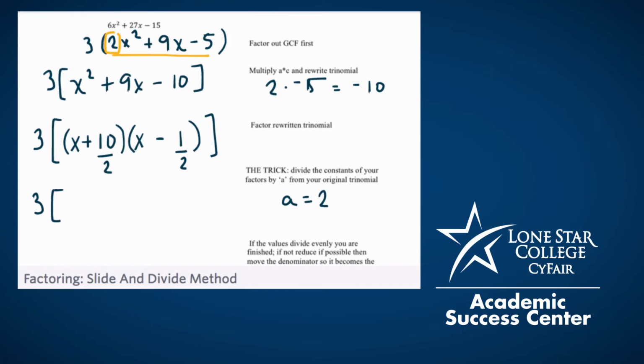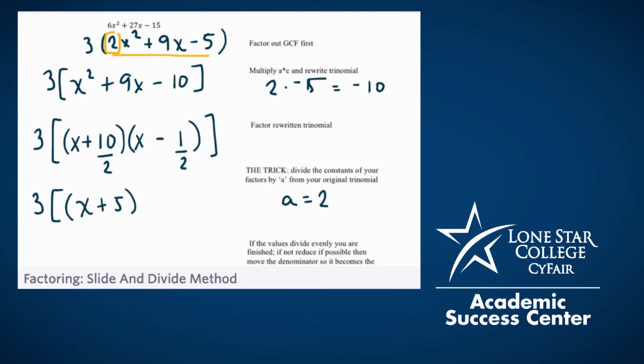Now once we've done that, we're looking to see that these fractions we've created divide evenly or reduce. Now if we look at our first factor, x plus 10 divided by 2, we see that 10 divided by 2 can reduce to be 5.